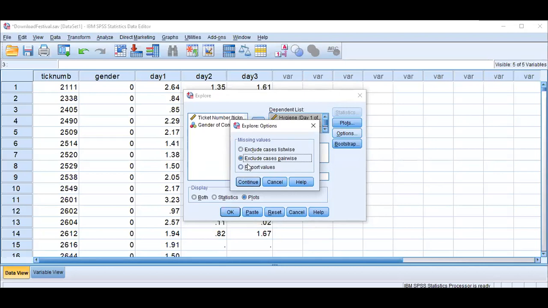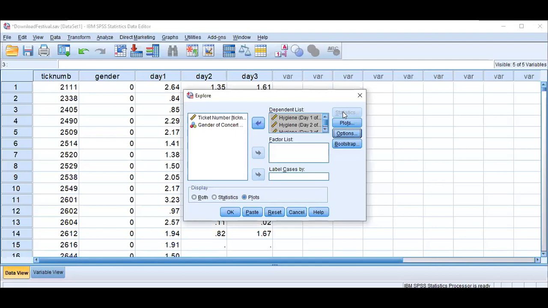If you do not have any missing cases, then there is no problem; by default it will give exclude cases listwise. But in my case, day 2 and day 3 have some missing data, so I will tick exclude cases pairwise and then continue, and then finally I will click OK. Then I will show you my result.